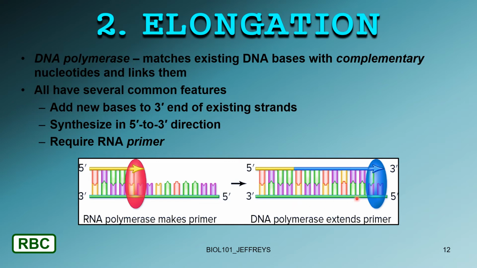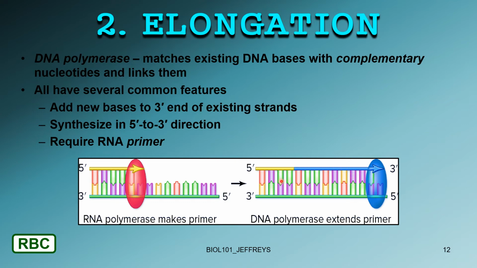And then DNA polymerase 3 can come in here. See, there's the primer in yellow. Then DNA polymerase 3 can come in here and start laying down. It uses the RNA primer as a starting point, and then it begins laying down the appropriate complementary DNA bases.